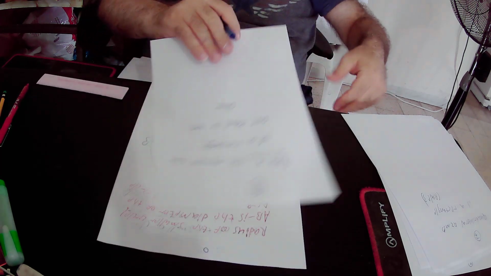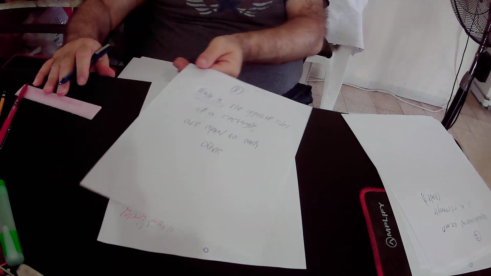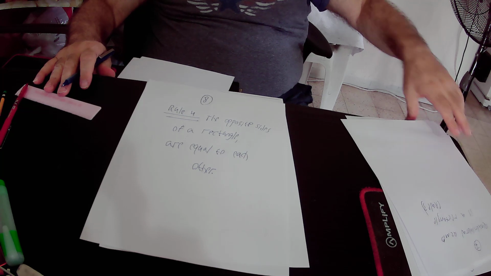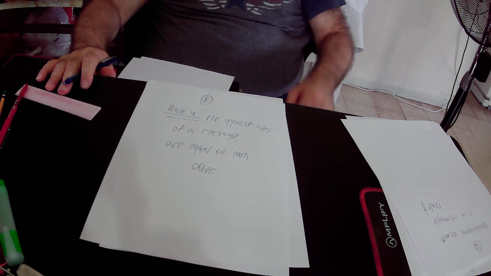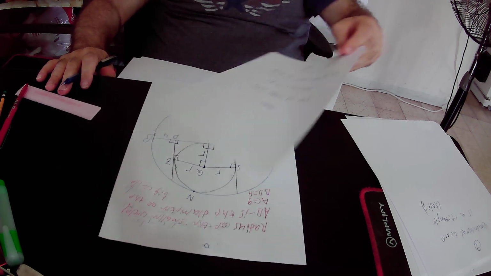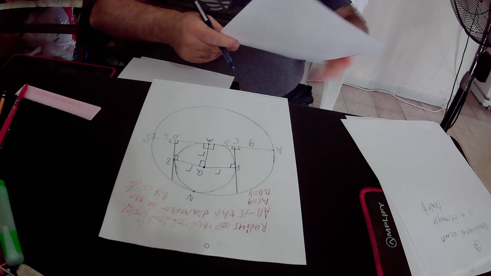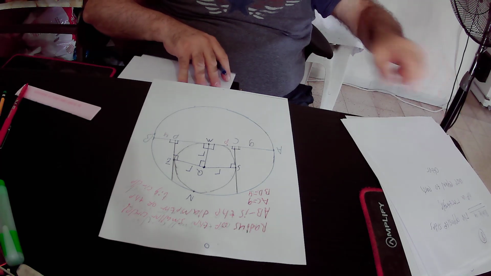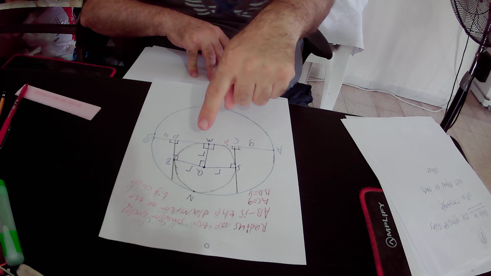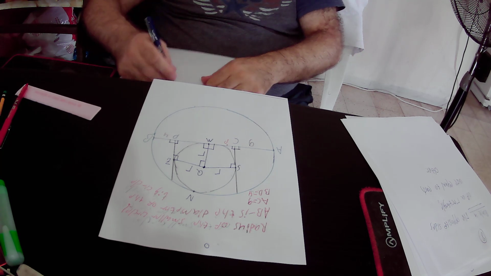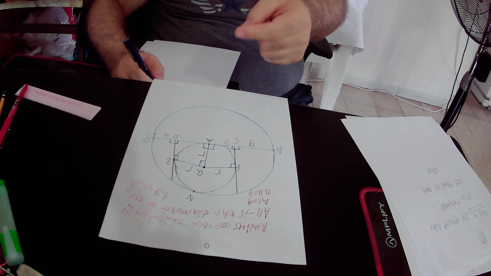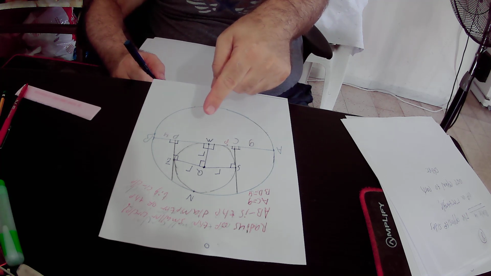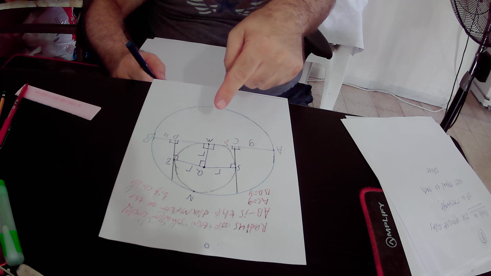So I will read rule number 4 again. Rule number 4 states that the opposite sides of a rectangle are equal to each other. So actually we found out that quadrilateral QZMD is a rectangle, and therefore, according to rule number 4, the opposite sides of quadrilateral QZMD are equal to each other.